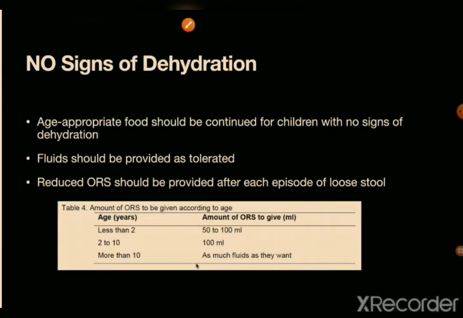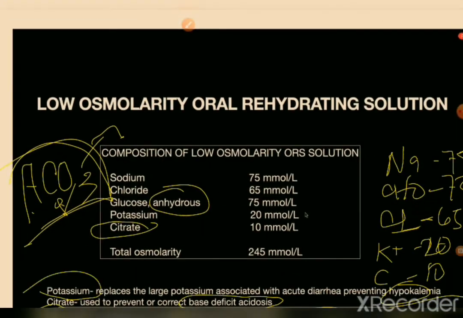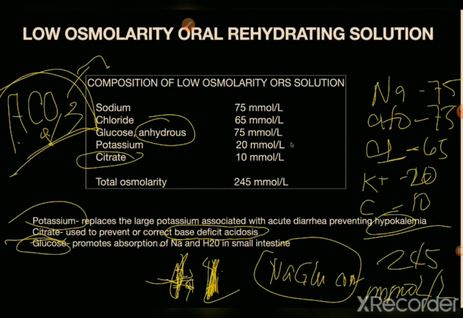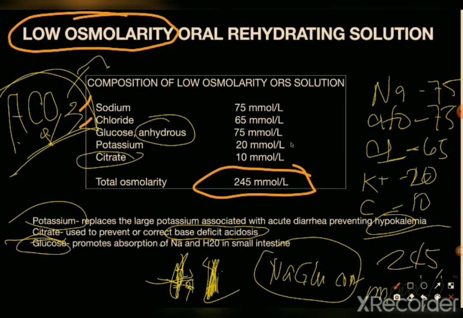Then for the low osmolarity oral rehydration solution, remember, this is our ORS. Again, this is low osmolarity, in total 245 millimole per liter, with a composition of sodium, chloride, glucose, potassium, and citrate.